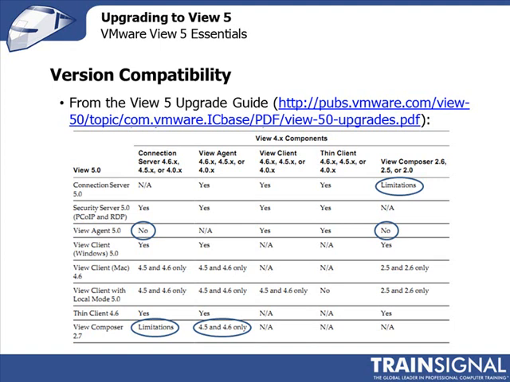So that's it for limitations or non-compatibility, other than a general compatibility of the Vue client for both Mac and local mode to only work with 4.5 and 4.6 versions of Vue. And that limitation exists only because those features were not supported prior to 4.5.